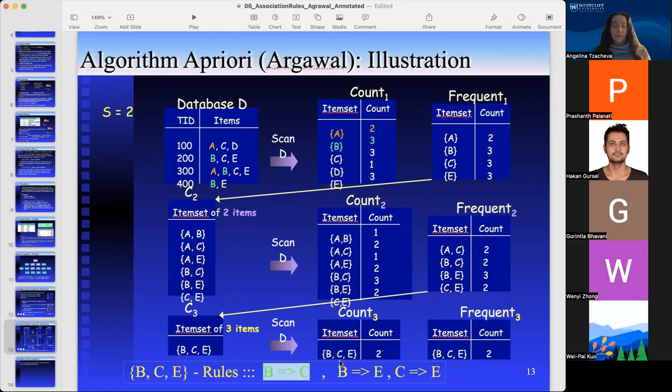Depending on the support and confidence of these rules, we can say whether they're frequent or not. Let's say support is 80% and confidence is 75%.